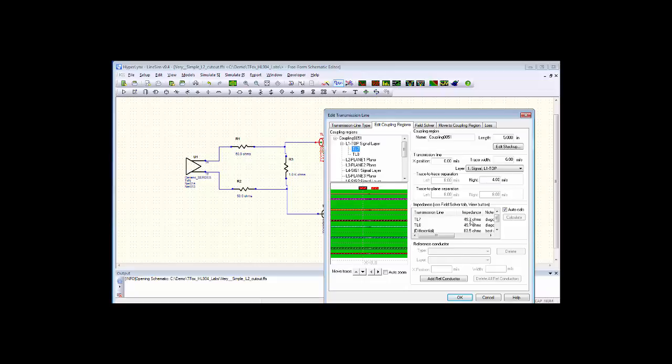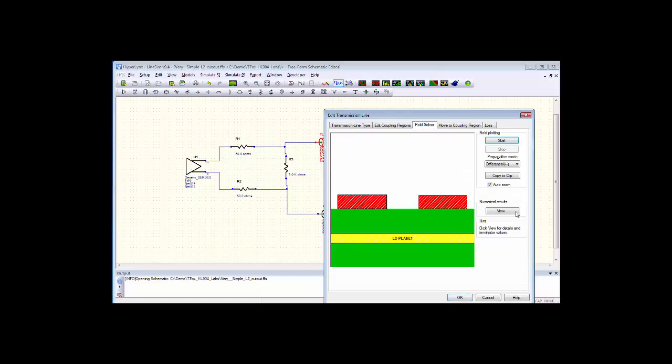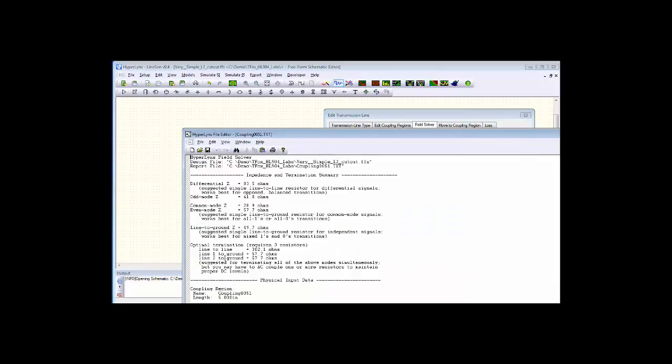Okay, so at this point I've dropped to about 49.1 and 83 here. Let's go through and look at whatever is the optimal termination. Now it says line to ground is about 57.7 and line to line would be 303.